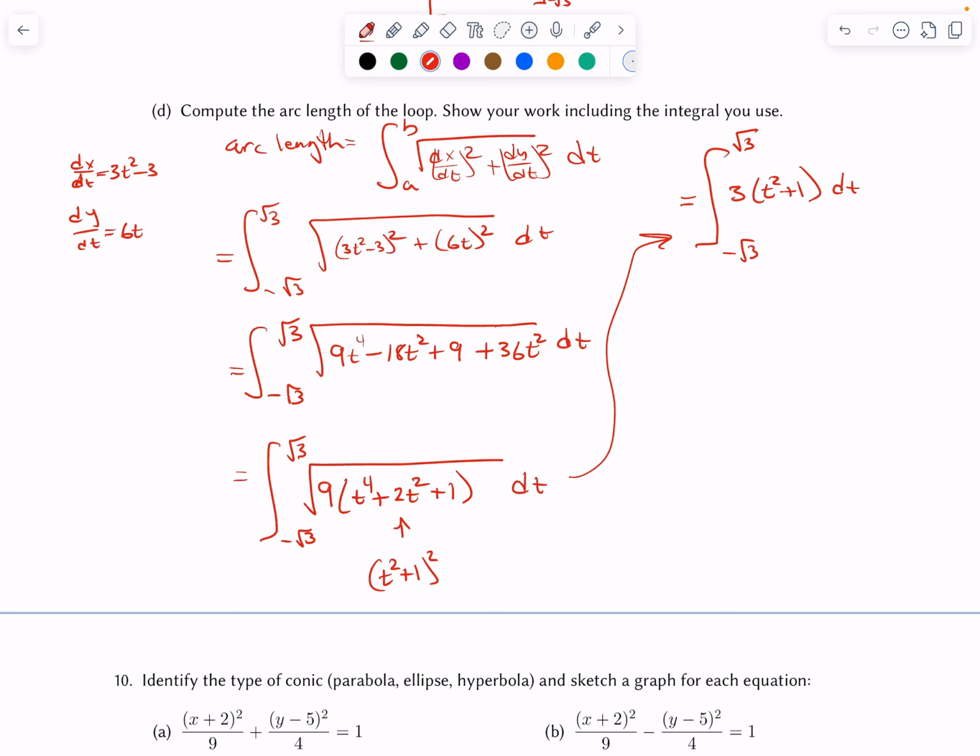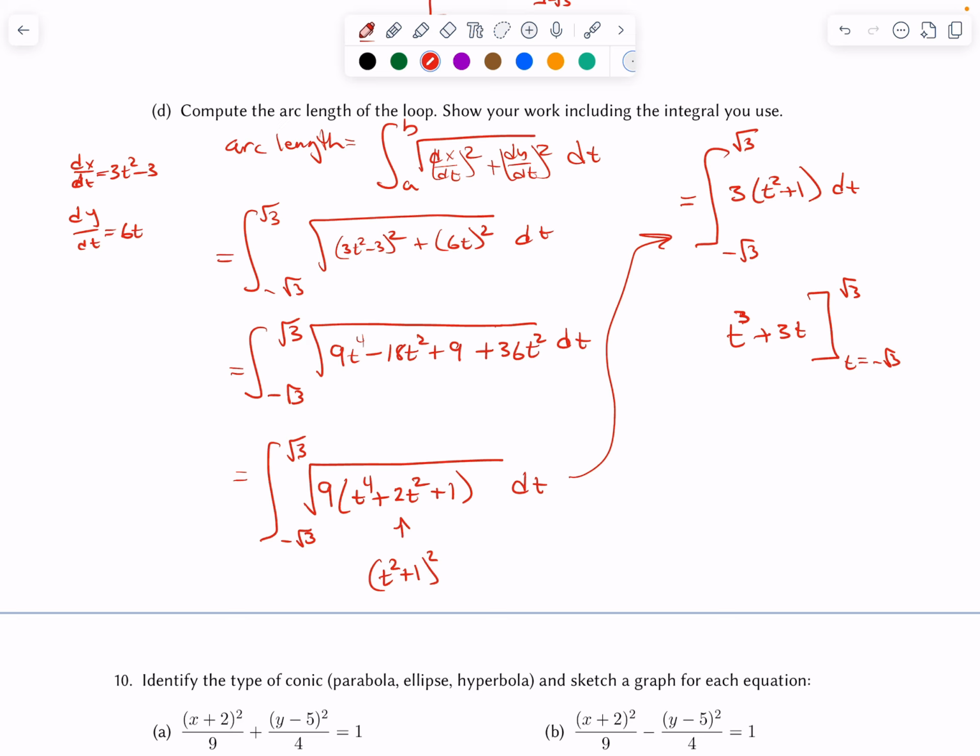And because t squared is always positive, t squared plus 1 is always positive, we don't have to worry about the plus or minus nastiness. Okay, now I can just go ahead and do this. So this is going to be t cubed plus 3t evaluated from t equals negative radical 3 to radical 3.